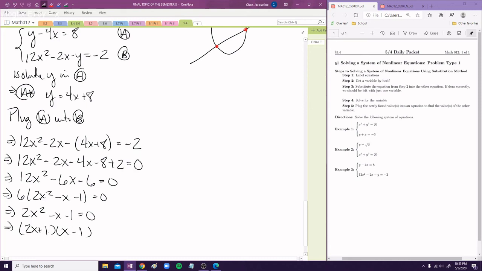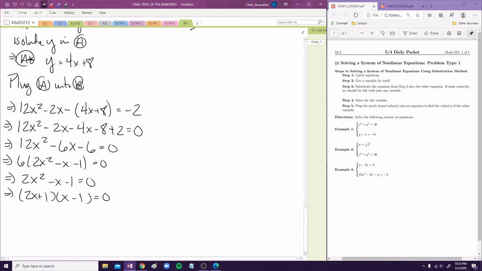When we FOIL it out, we will get 2x squared minus x minus 1. Right? And then we're going to use the zero product rule. So you'll get x is equal to negative 1/2 and 1. Right, because remember it's going to be 2x plus 1 equals 0, and then x minus 1 equals 0, and then solve for x.